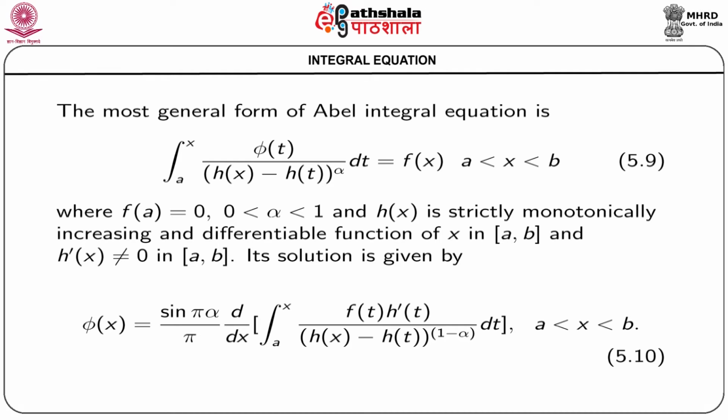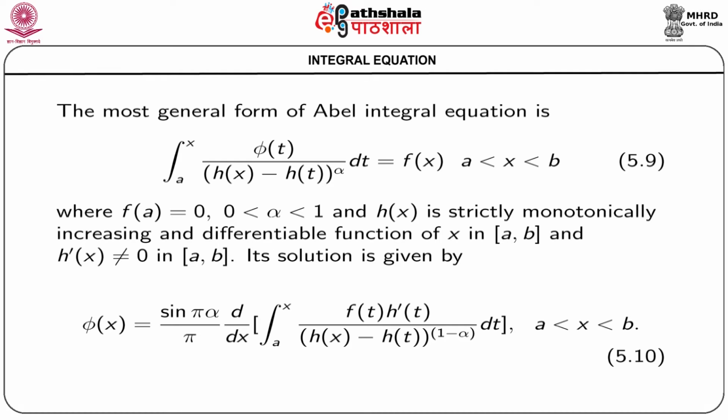and hx is a function which is strictly monotonically increasing and differentiable in the closed interval ab. Also, h dash x is not equal to 0 in the closed interval ab.